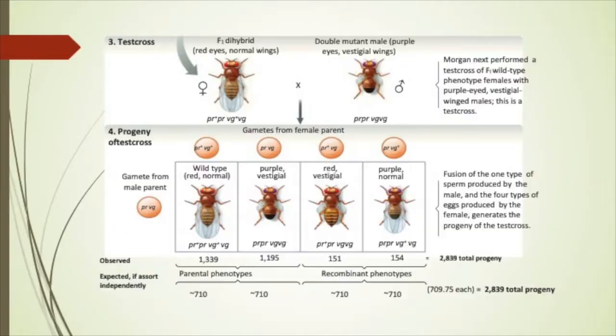So you have to do a test cross in order to see whether or not they have the carrier gene. You have to test cross that with the recessive. When you do a test cross, you're going to come off with half the normal type and half the recessive, right?